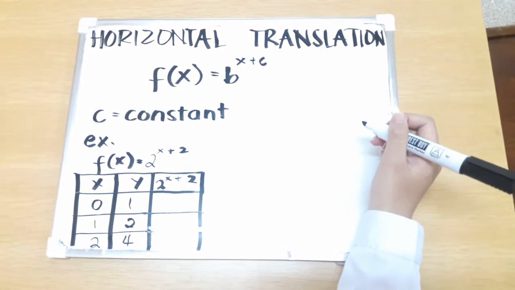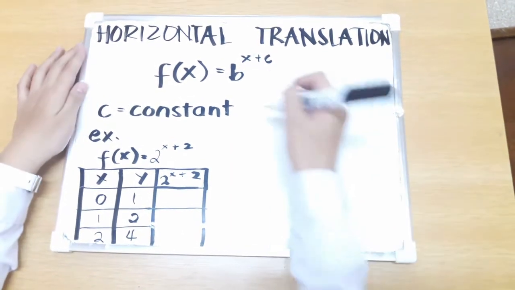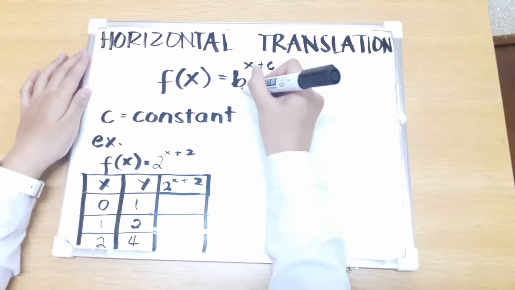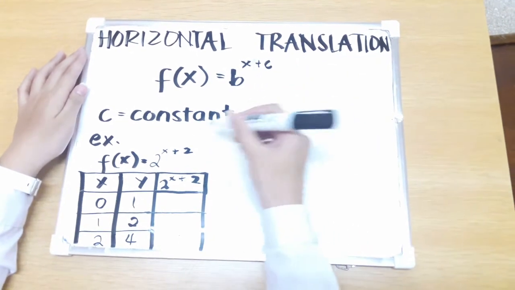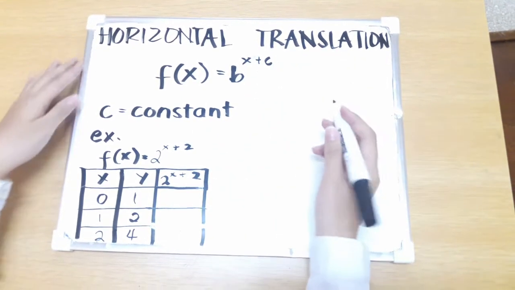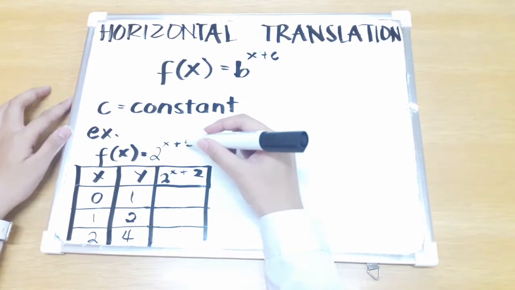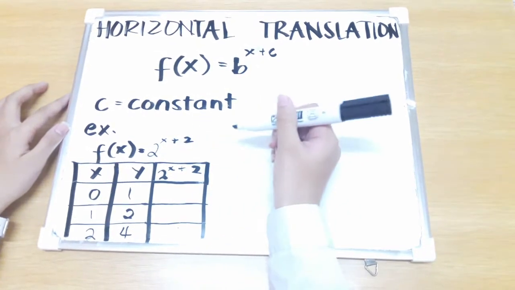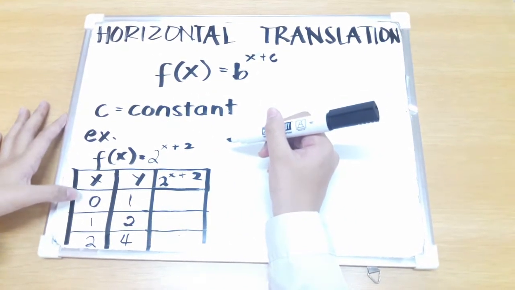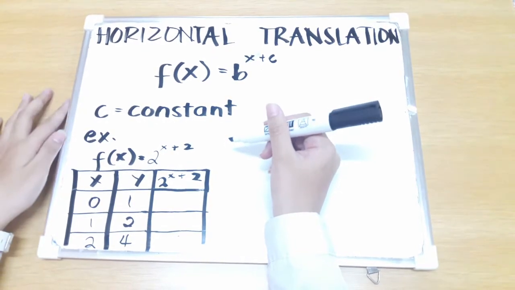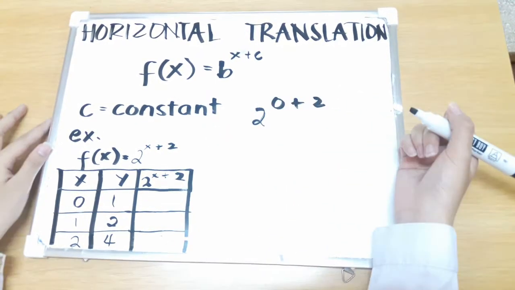Now let's proceed to horizontal translation, wherein the equation would be f of x is equal to b raised to x plus c. The constant would be on the exponent. Let our first example be 2 raised to x plus 2, wherein I use the same values of x as I did on the first part.